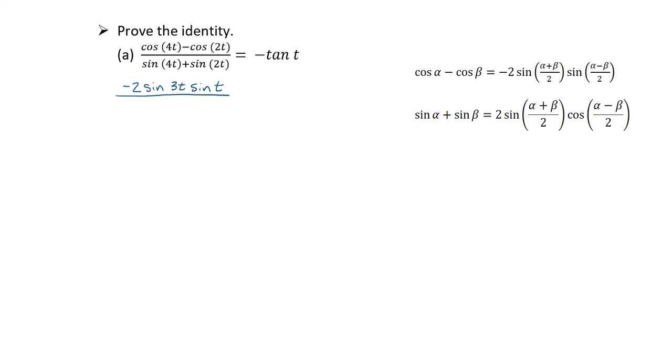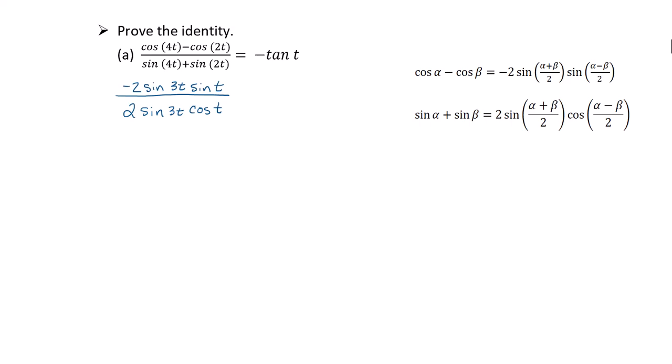for the denominator of this, we'll use the sum of the sine of angles. So that would give me a positive 2 sine of 4t plus 2t is 6t divided by 2 is 3t times the cosine of 4t minus 2t is 2t divided by 2 is t.